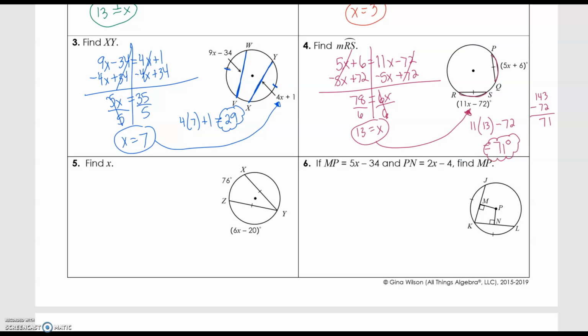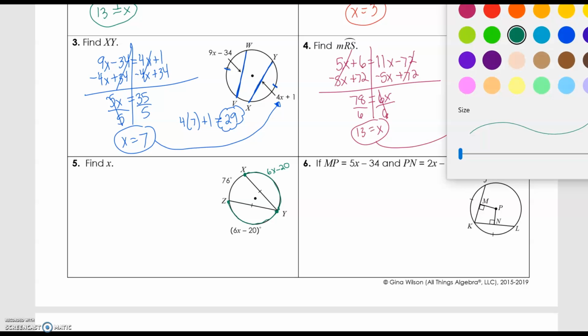It says find X. Okay, cool. So that is related to arc ZY, which is 6x minus 20. I know that arc is congruent to this arc, but I don't really know what that arc is. So what I could do is write 6x minus 20 here, but you can't really set that up as an equation.